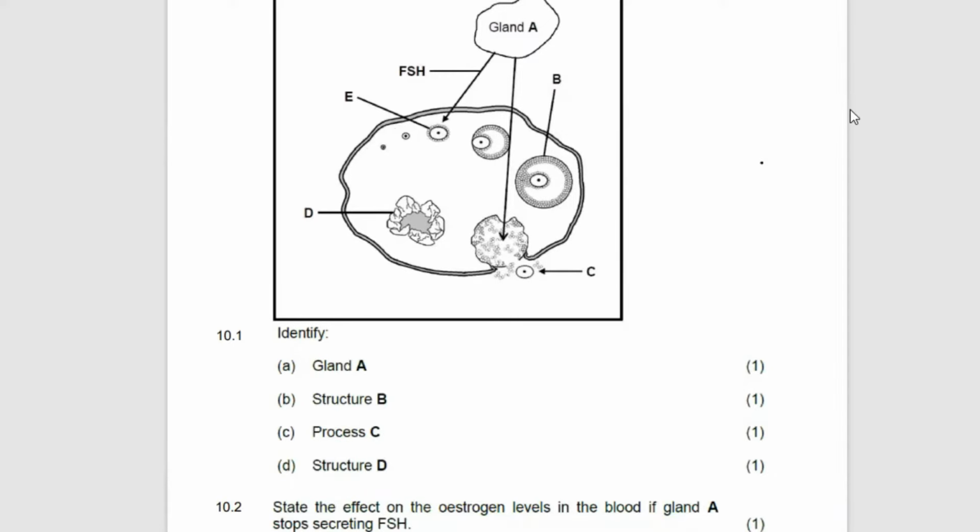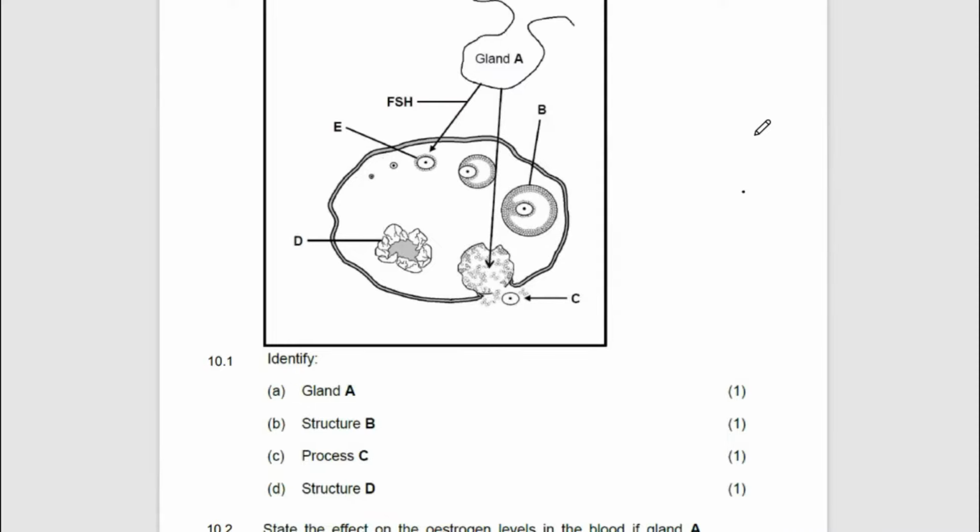We have only 2 hormones based on our syllabus which are released from the brain and work in the ovarian cycle. The first one is luteinizing hormone. The second one is follicle stimulating hormone. So the hormones which are going down must be either luteinizing hormone or follicle stimulating hormone. Don't forget to write the correct spelling.